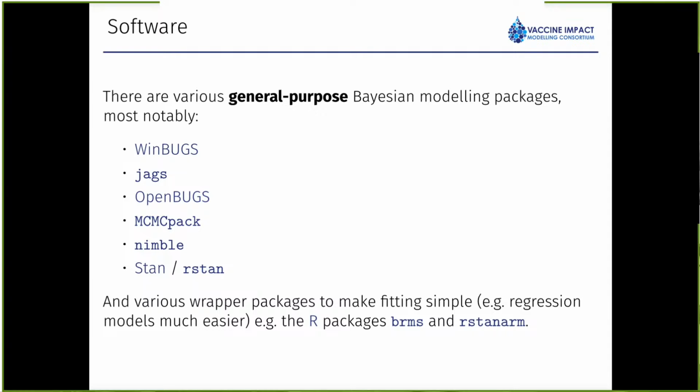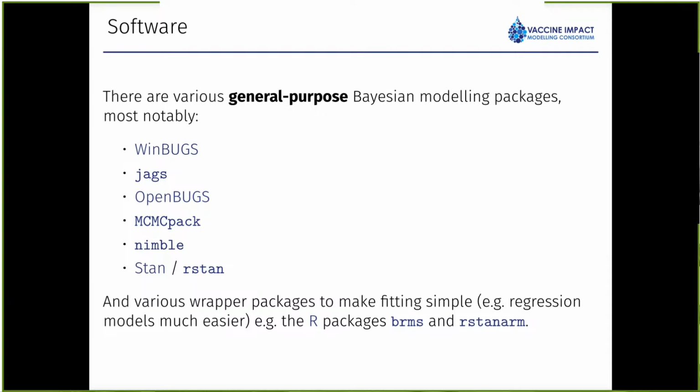There are also a couple of packages in R in particular, brms and rstanarm, which simplify this down even more. If you just want to do regression, rstanarm will allow you to write a very simple regression function, set some priors, and it will run everything in Stan in the background and throw the results back. So if you're just doing simple regression and you want to play around with this, these are really good.